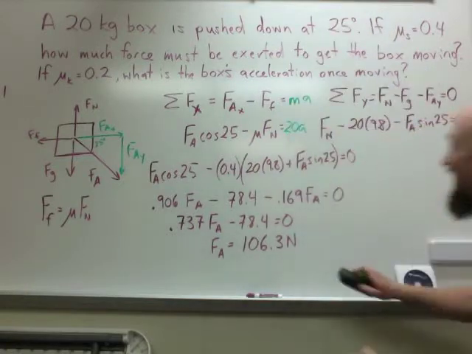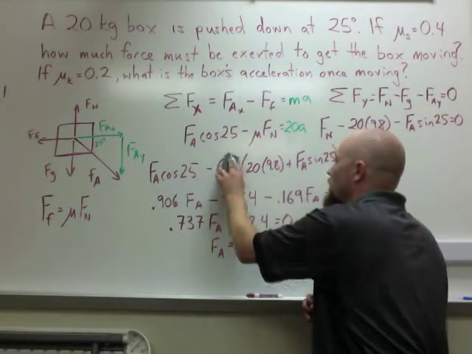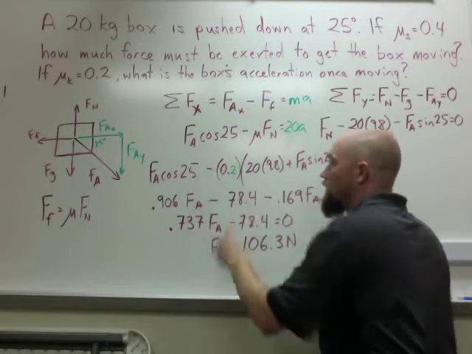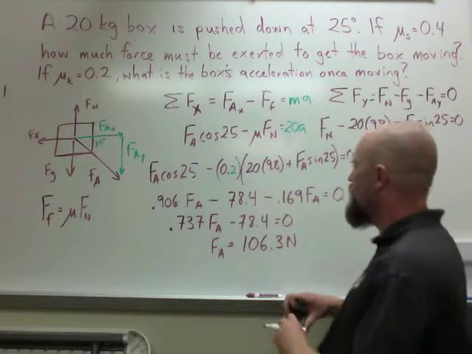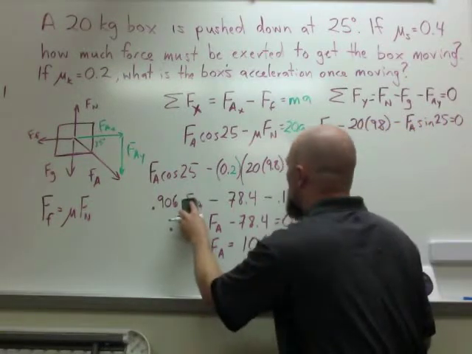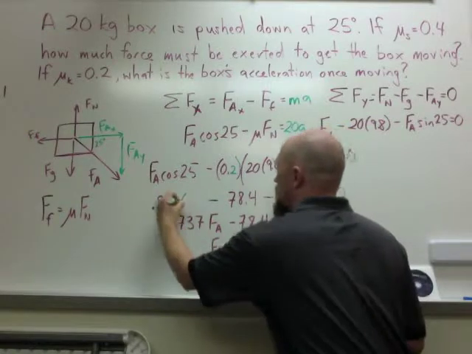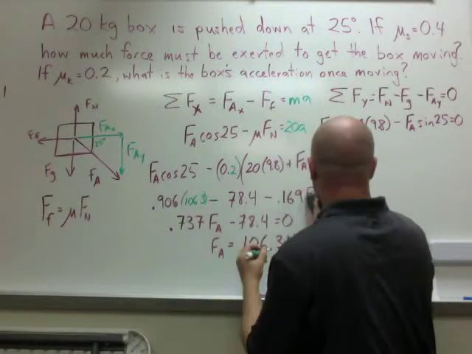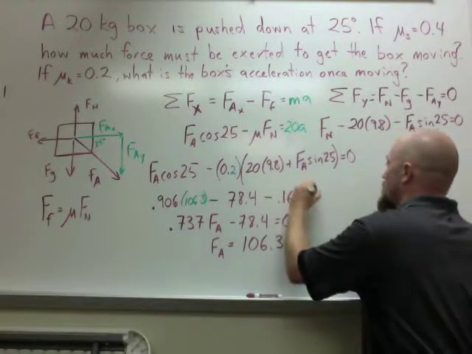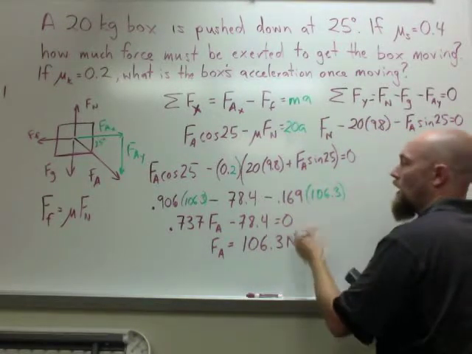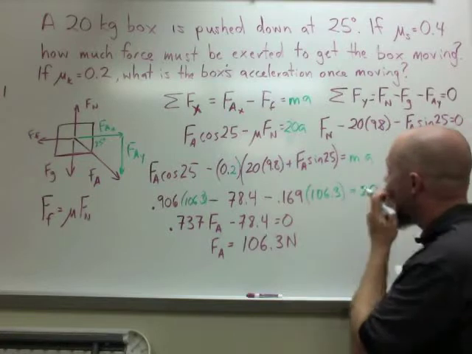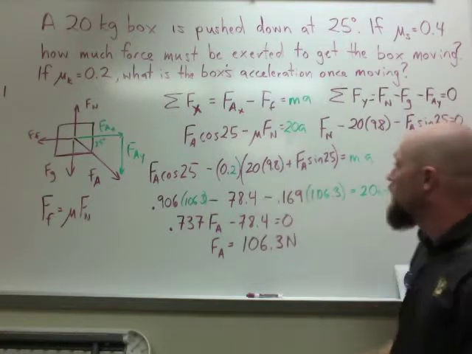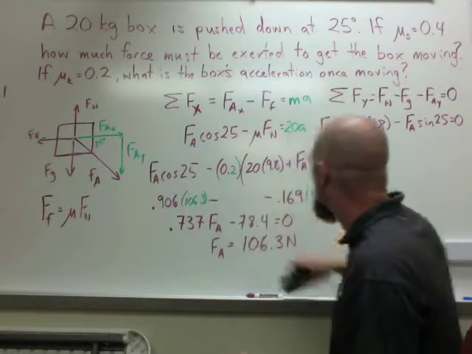Then when I go down here, this would be 0.2, because that's my new coefficient, and my applied force is 106.3. And then this equals 20 times a. The y side is still going to be the same, but this is not going to be 78.4.